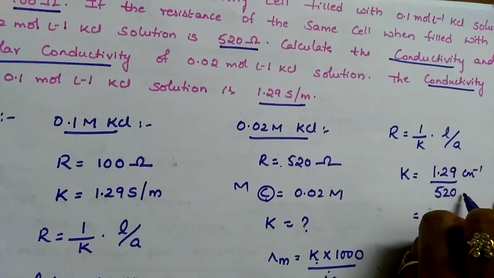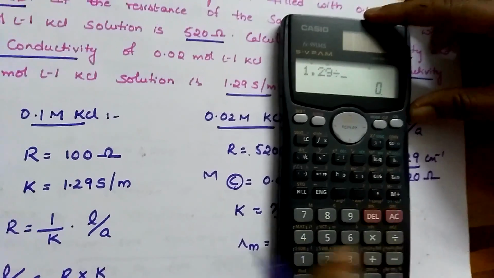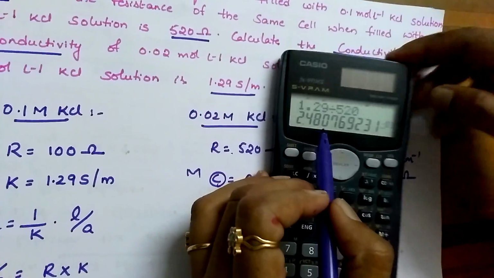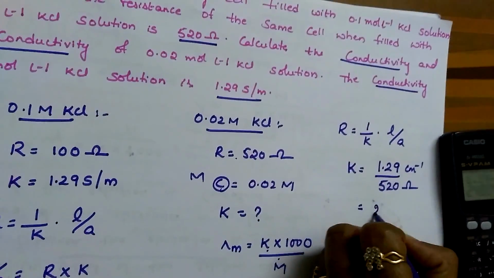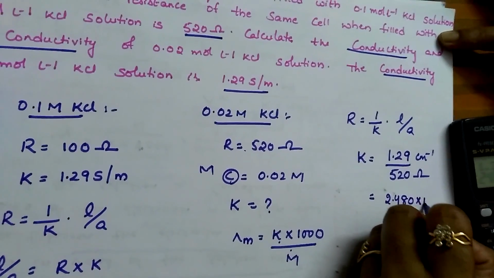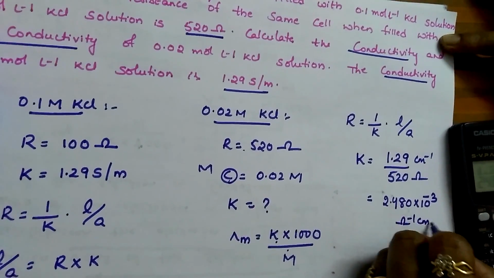Centimeter inverse, and for this it is ohm. 1.29 divided by 520, we get 2.480 into 10 power of minus 3 ohm inverse centimeter inverse.